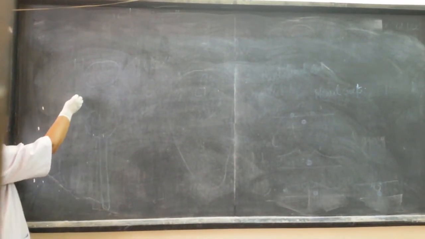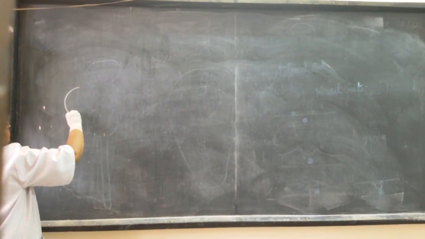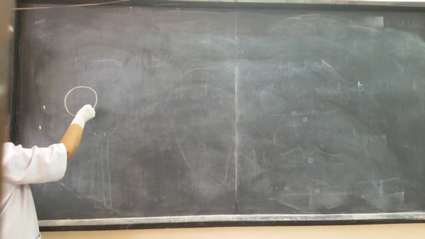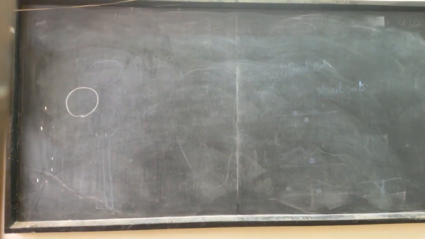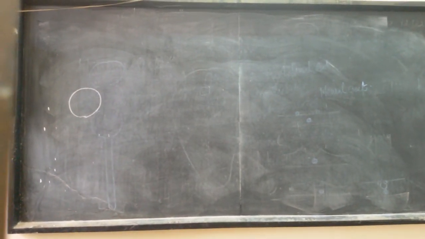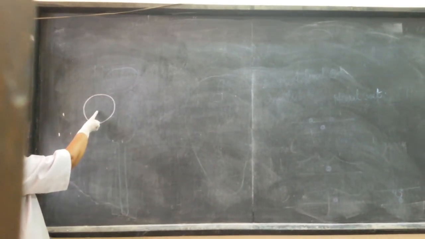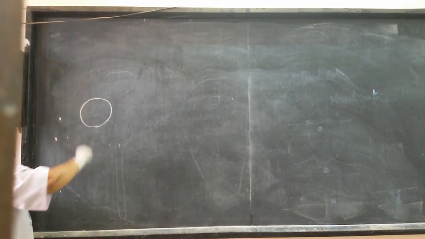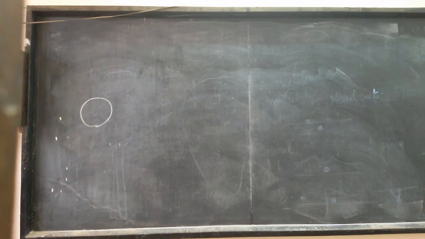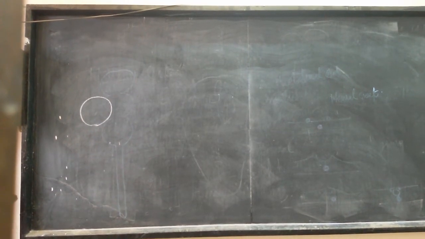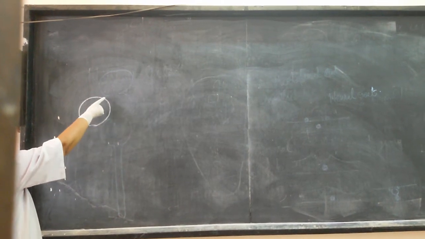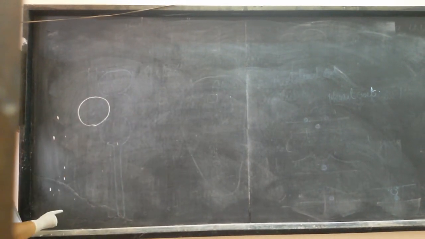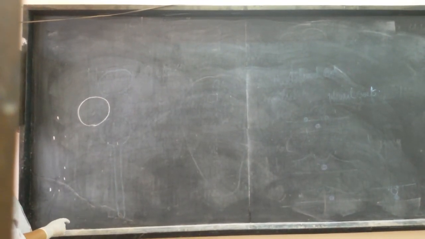This is a section of the spinal cord, a circular structure, a transverse section of the spinal cord, with the cavity inside it. With the growth of the tissue, proliferation of tissue occurs on the sides of the tube.